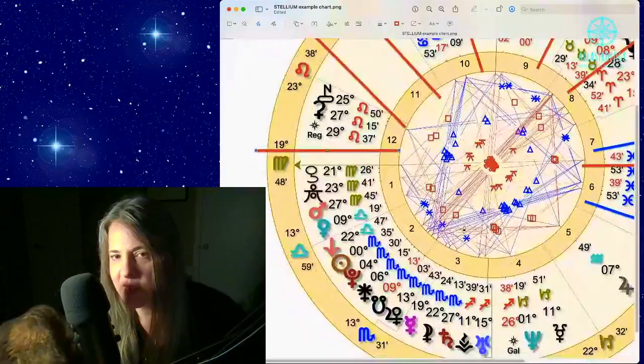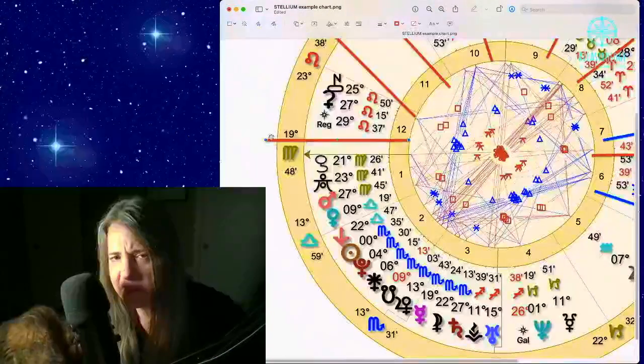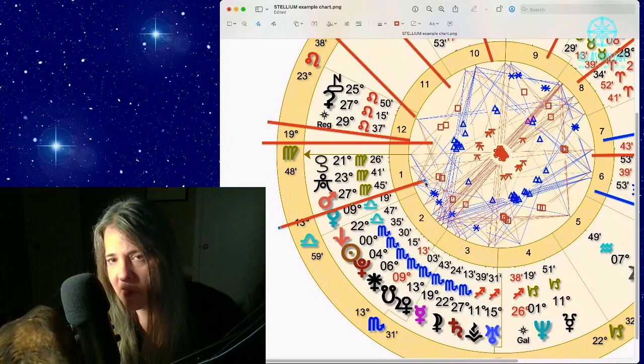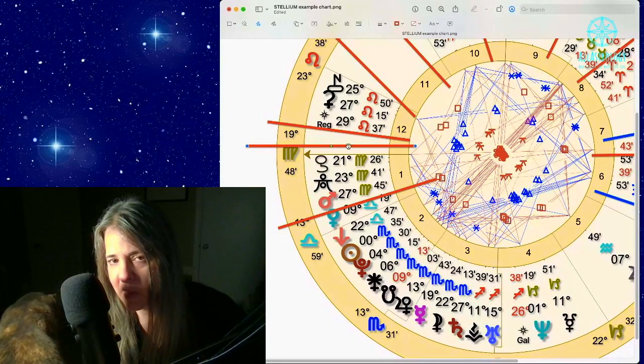They got stelliums all around the chart. And then look at their Virgo energy. Let me move that over. Look at the Virgo energy. A stellium in Virgo. You see that? A stellium in Virgo. And it includes the ascendant, the first house cuspline. The word cusp means the beginning of a house.